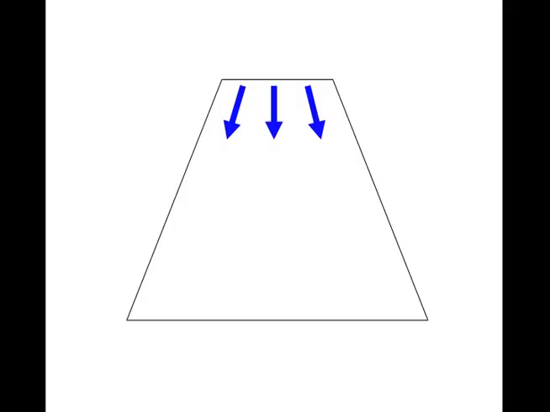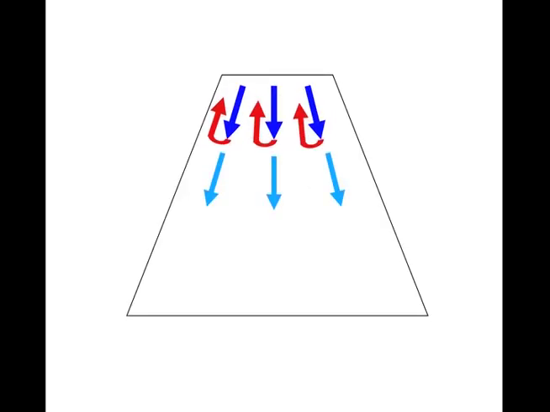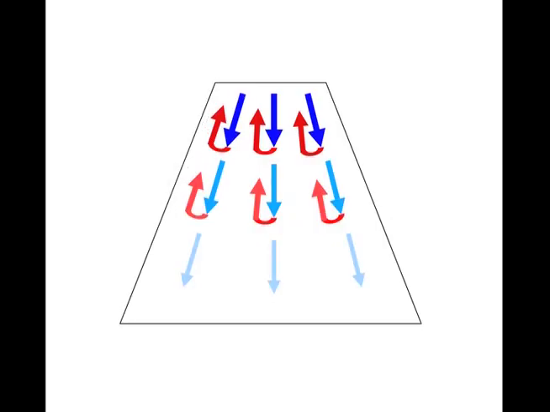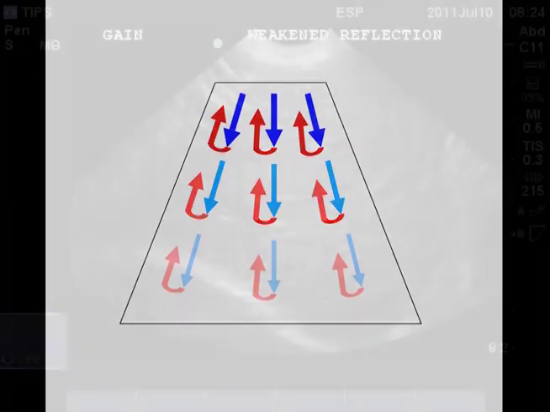Next, sound waves are partially absorbed by the tissue they pass through. So, as the ultrasound beam passes through deeper and deeper tissue, the reflective wave is weaker and weaker according to depth.